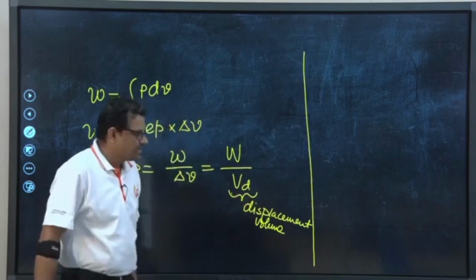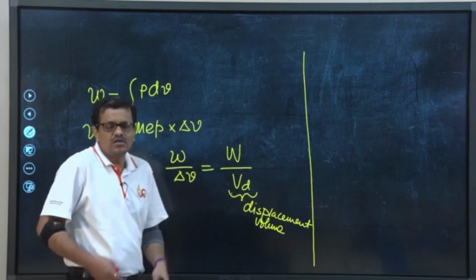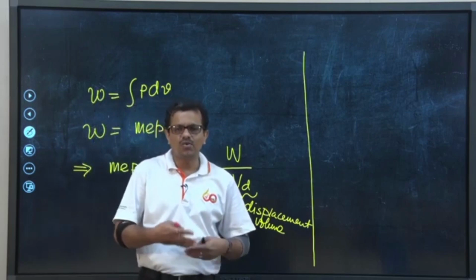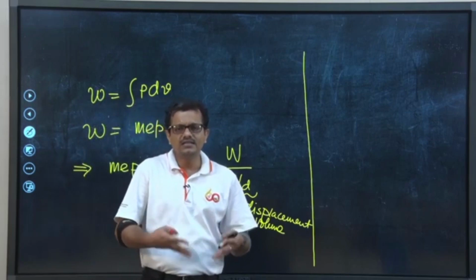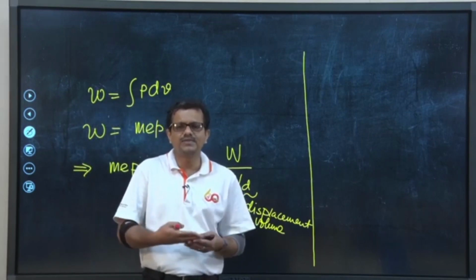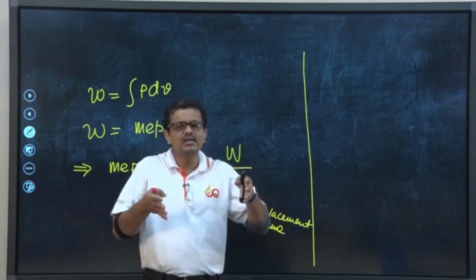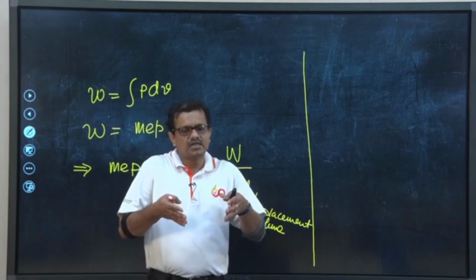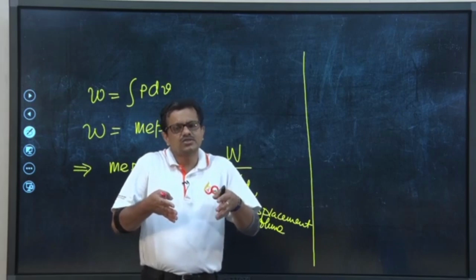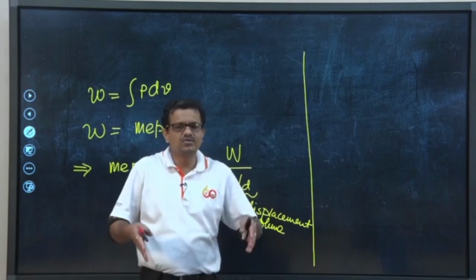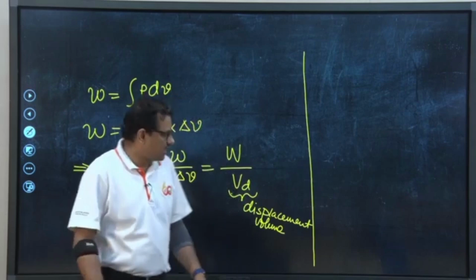Very often we discuss about XCC engine, YCC engine, ZCC engine. So, what is the meaning of that CC? Basically, the stroke volume, that is the total displacement volume of the engine cylinder.